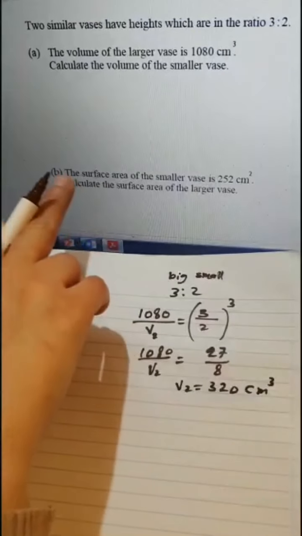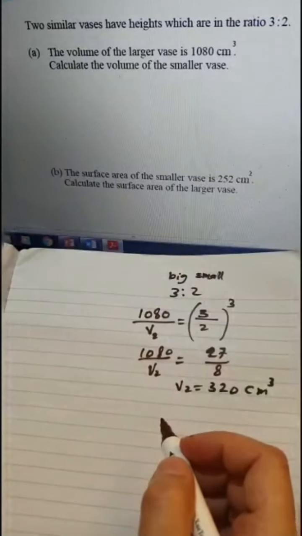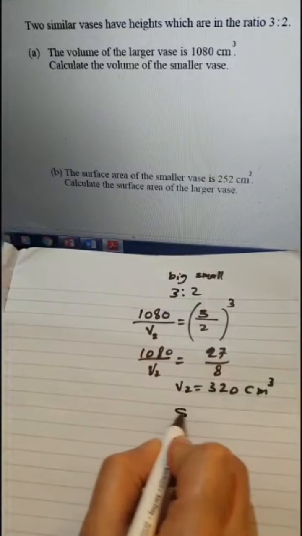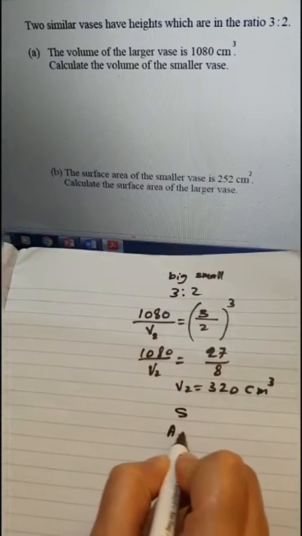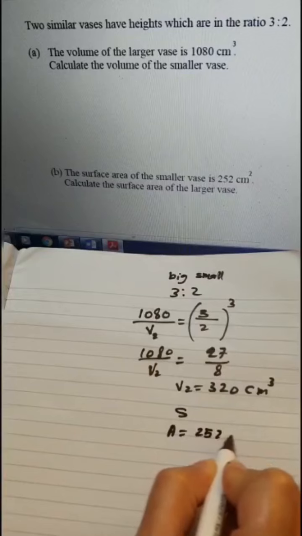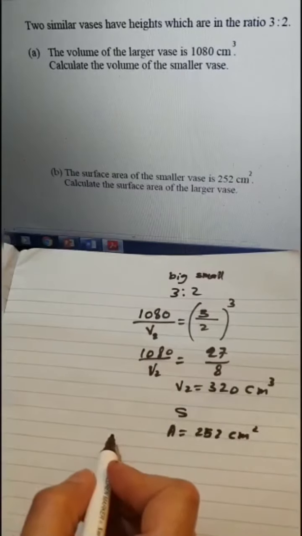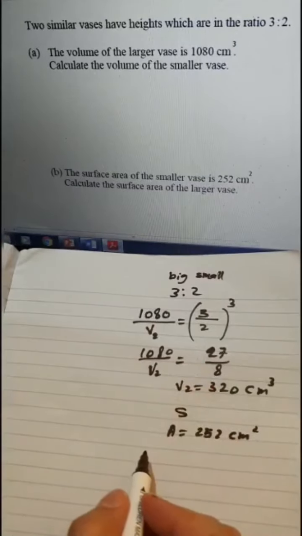Now the surface area of the smaller vase is 252. So the small one has a surface area equal to 252 centimeters squared. Calculate the surface area of the large vase. If I want to find the surface area of the large vase, I'm going to use the same thing, the scale factor, but to the power of 2.